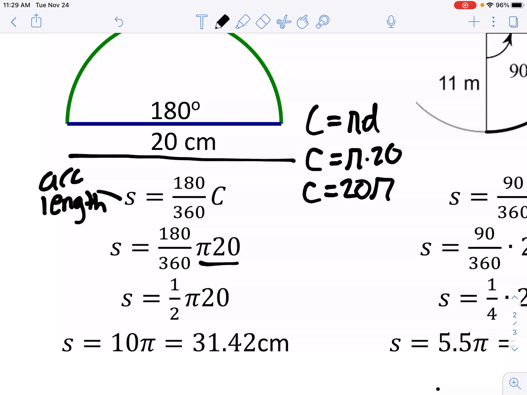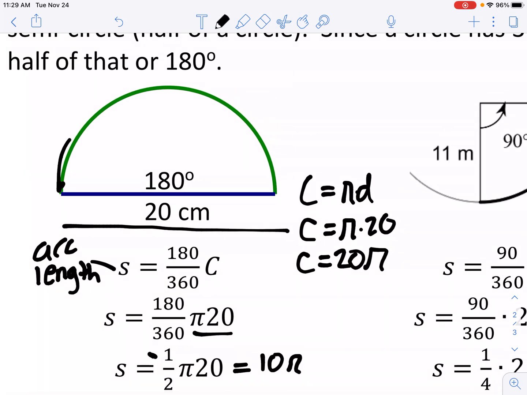Well, then what we could do is we could reduce our fraction 180 over 360. That reduces to 1/2, and then we'd have 1/2 times pi times 20. Well, 1/2 times pi times 20, we can ignore pi. What's half of 20? 10. So we'd have 10 pi, okay? So the arc length of this guy right here, this length right here, would be 10 pi.